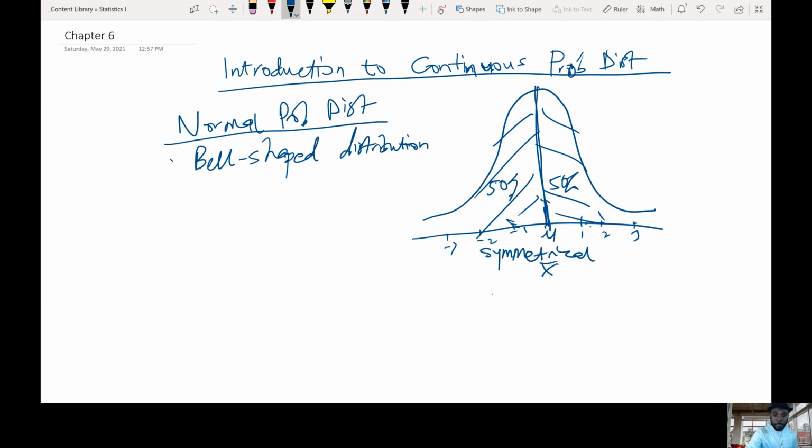So in this case, the measure of center, the mean is equal to the median, is equal to the mode. All right. So that is the properties of a normal probability distribution. And that is how to draw a normal probability distribution.